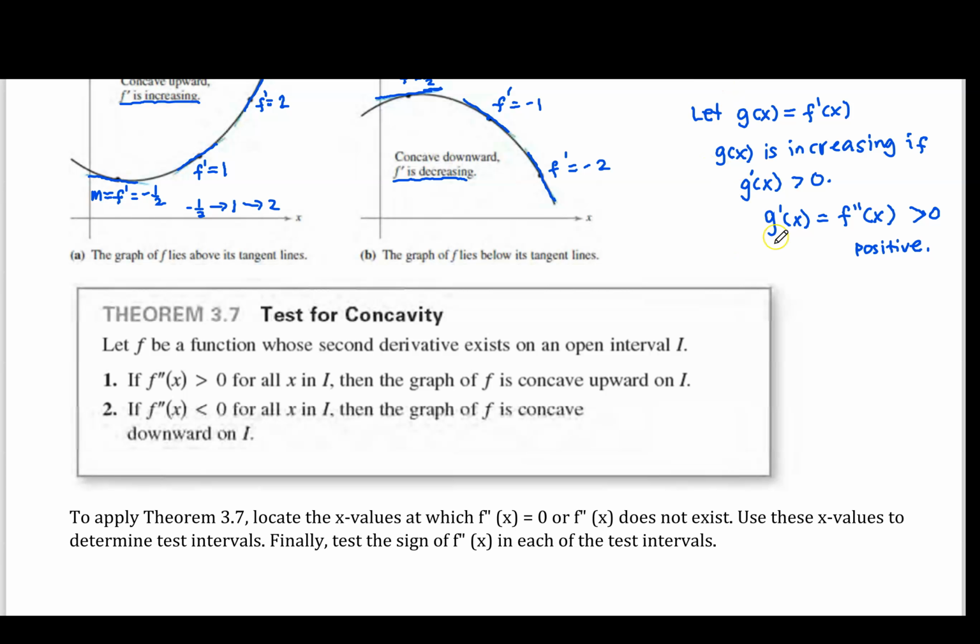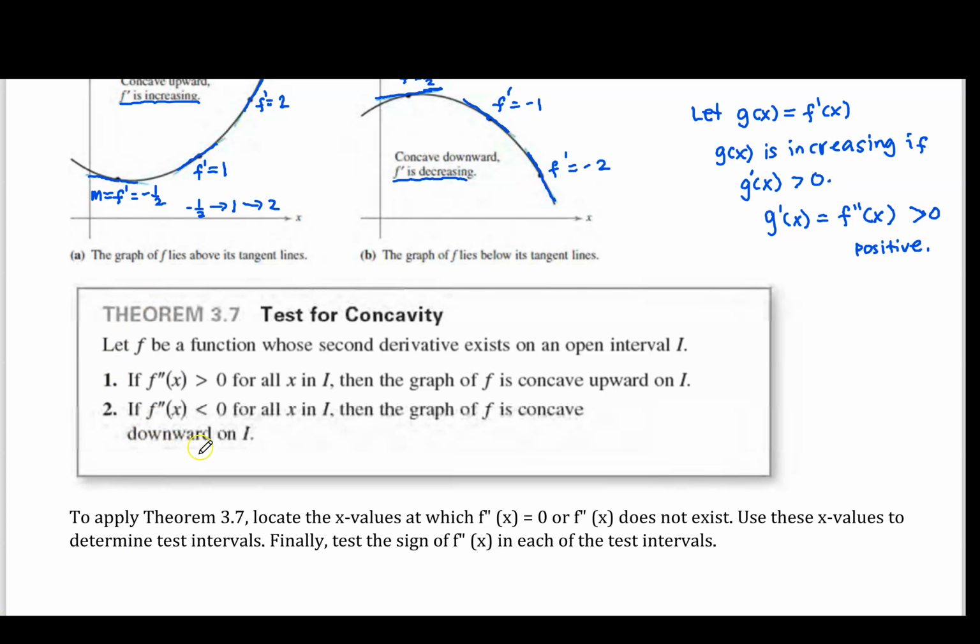Similarly, if the second derivative is less than 0, negative, that means the function f is concave downward on that interval. Okay, so if the second derivative is negative for all x on that interval, then the graph of the function is concave downward.